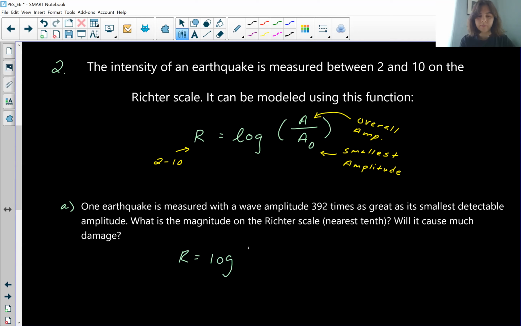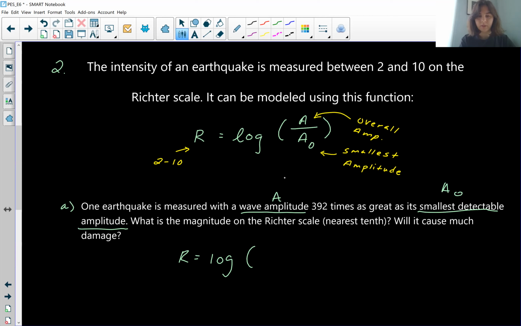We have the logarithm. And so it's saying that the wave amplitude, which is going to be a, is 392 times as great as the smallest detectable amplitude, which we said was a0.